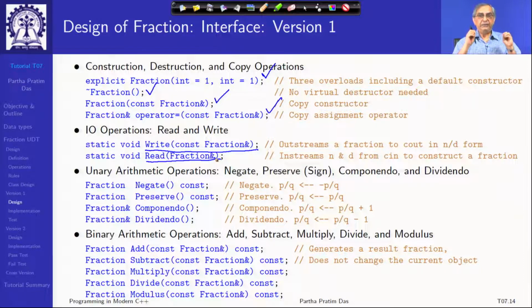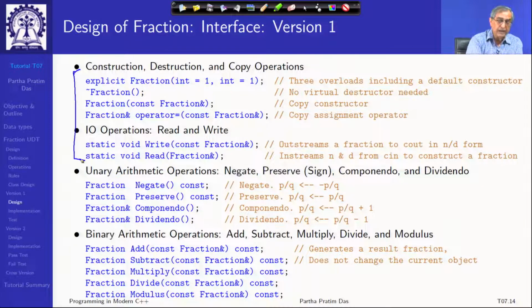I have just identified each and every operation, giving it a name for the member function and identifying what its signature will be. Now, up to this point these things are almost generic, irrespective of whether it is a fraction or a complex or any other, you will have similar functionalities. But now say I want to do a negate.